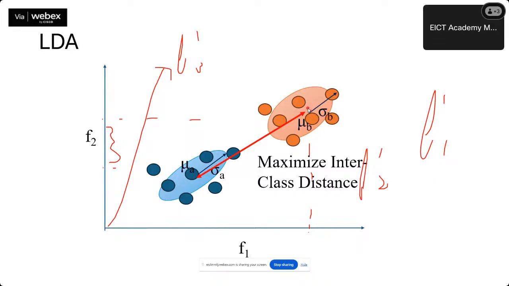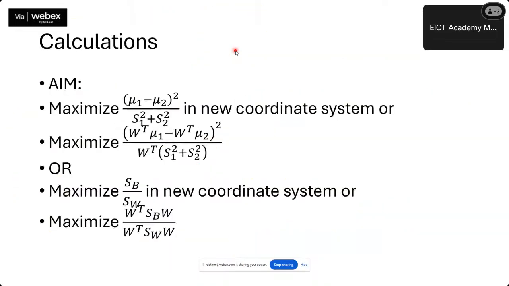One way to say it would be simple: okay, I want to maximize mu A minus mu B, the whole square, because it needs to be a real number. The easiest way would be to maximize mu A minus mu B, but then there can be class 3, class 4, class 5, there can be C classes. So Shah Rukh Khan's face, Ranbir Kapoor's face, Rahul Kala's face, Narendra Modi's face, and so on and so forth.